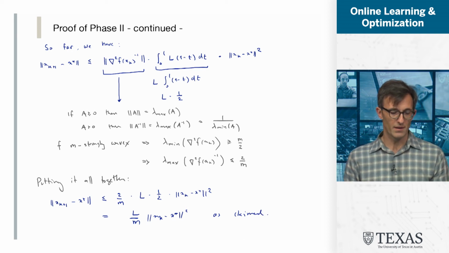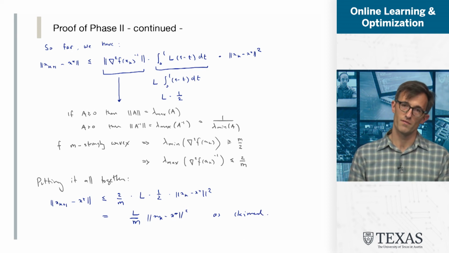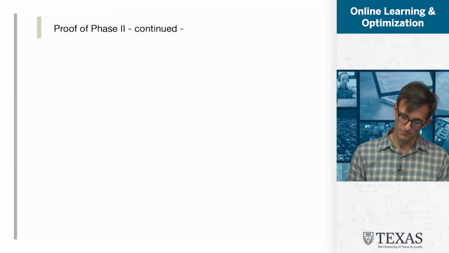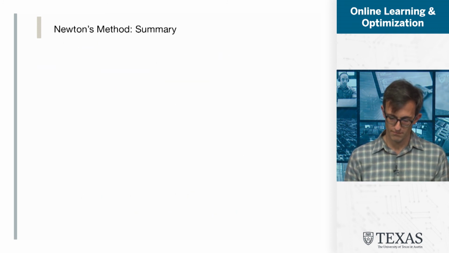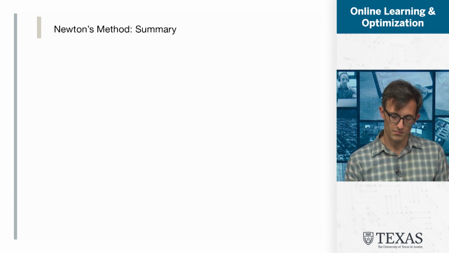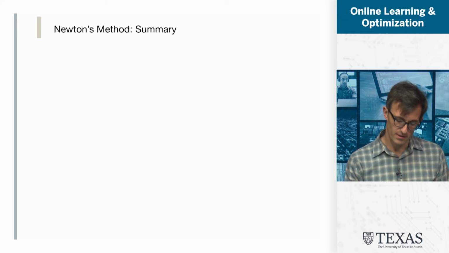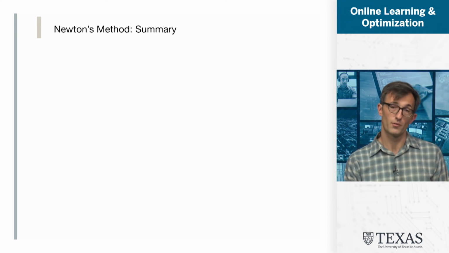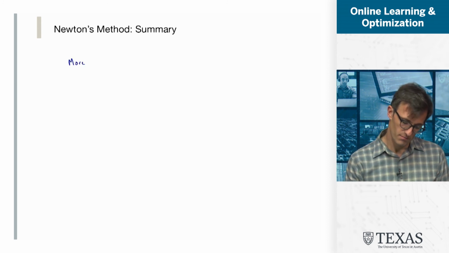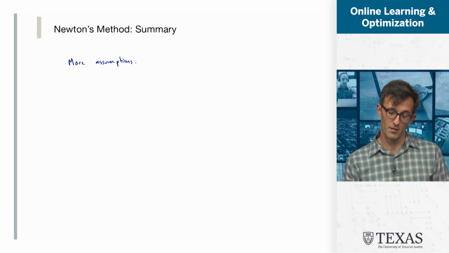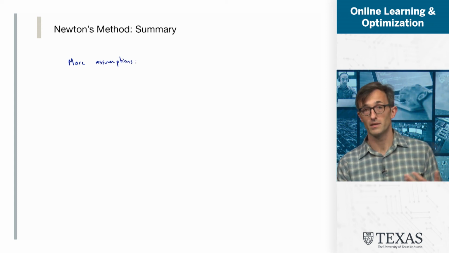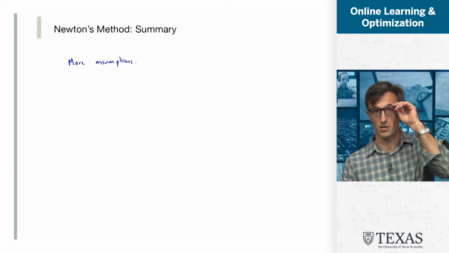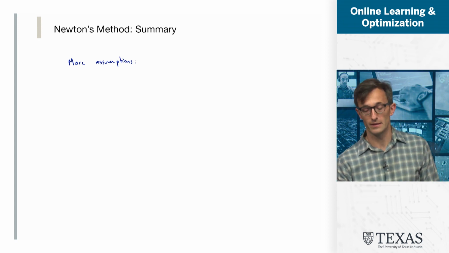So let's just make a few points about Newton's method now that we've finished off with this proof. So we've seen a few things here. First of all, Newton's method has much faster convergence, but it requires more assumptions. What did we need? Well, compared to gradient descent, first of all, we needed that second derivatives exist. We don't even need to know that a function is twice differentiable in order to run gradient descent and get linear convergence.